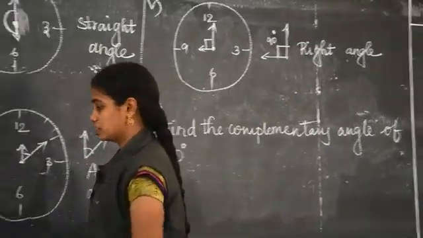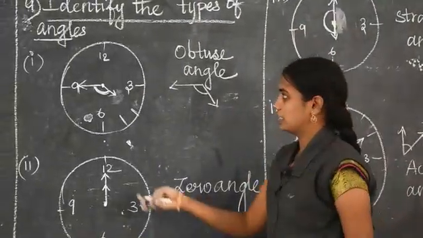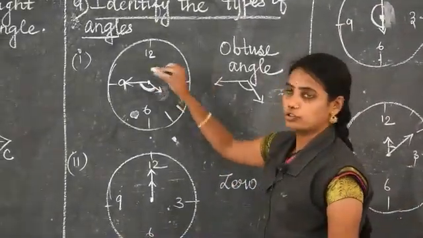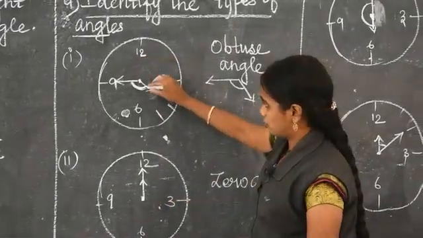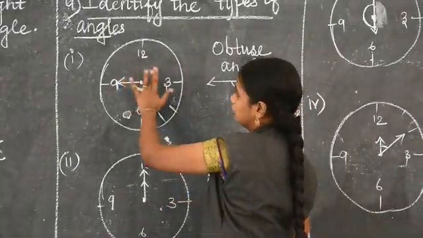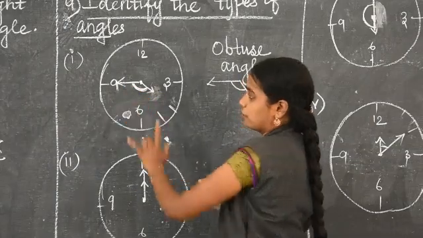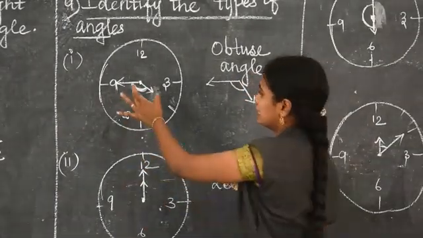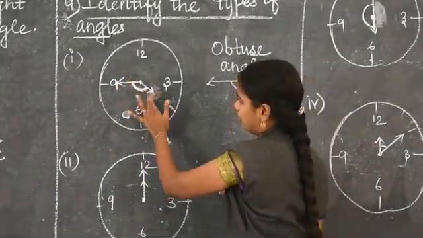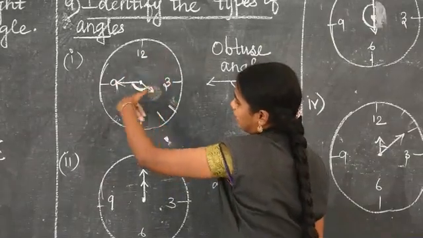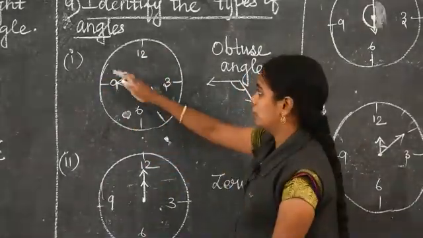Listen to me once again. See the time and go for it. Don't go for measuring this. Why? Because the time is 3:45, and here the angle will be formed. The angle will be measured from right to left, not left to right.